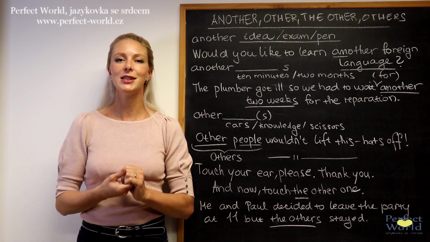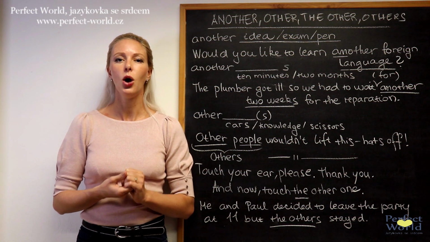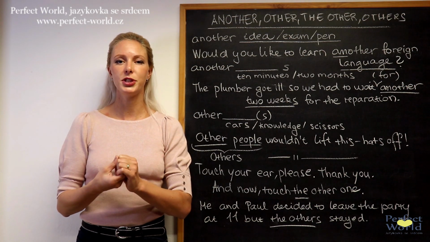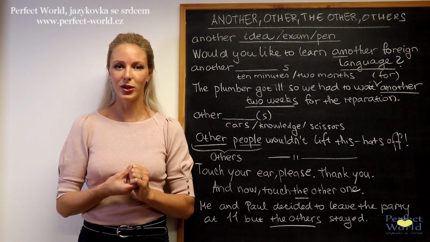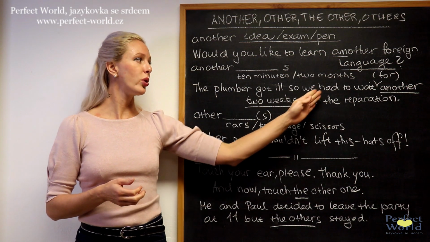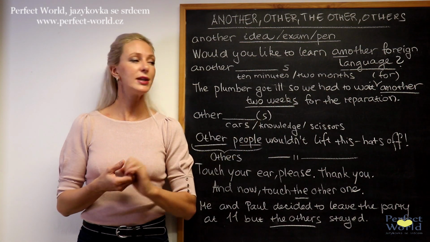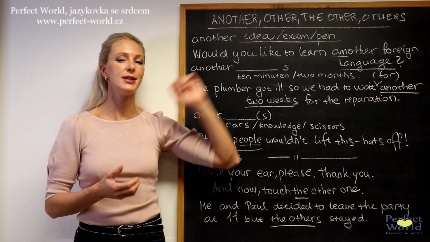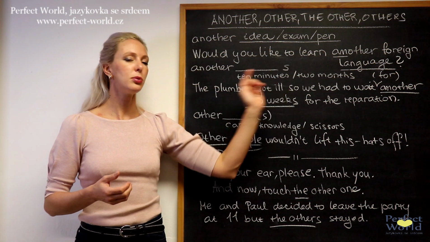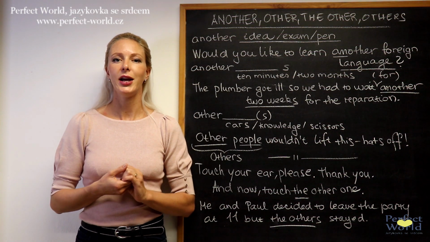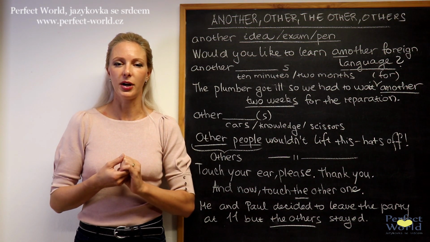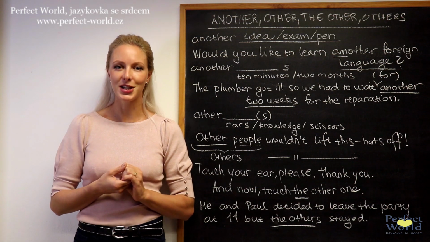So this is another usage of another with time, which is actually plural, but logically rather singular. So this is another, either used with a singular noun or with a plural word that expresses a time, some kind of duration. All right, let's move on.